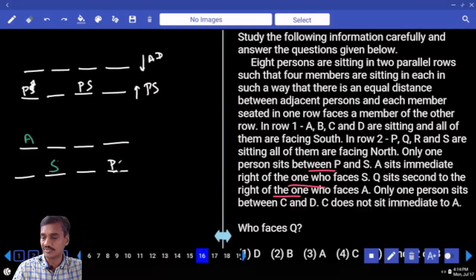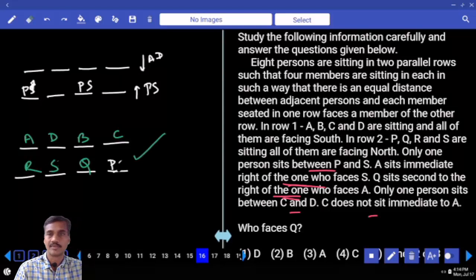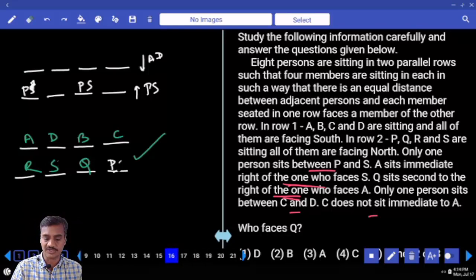And now only one person between C and D, and D is here, C will be here, and B will be here, and C does not sit immediate, and only one person between P and S. A sits to the immediate right of the one who faces S, and Q sits second to the right of the one who faces A, and PQ or SR is. Now this is about 16 to 20.